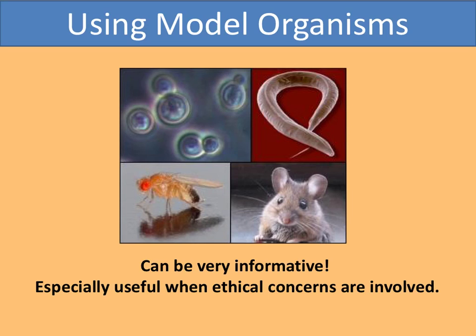We probably shared a most recent common ancestor with the roundworm, let's say, 500 million years ago. The fly, a little more recent. E. coli, we probably had a most recent common ancestor with E. coli and humans, maybe 2 billion years ago.